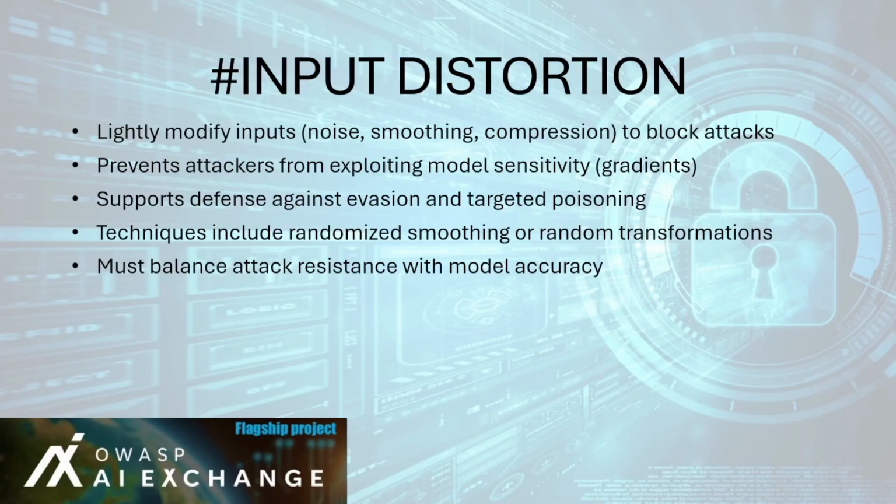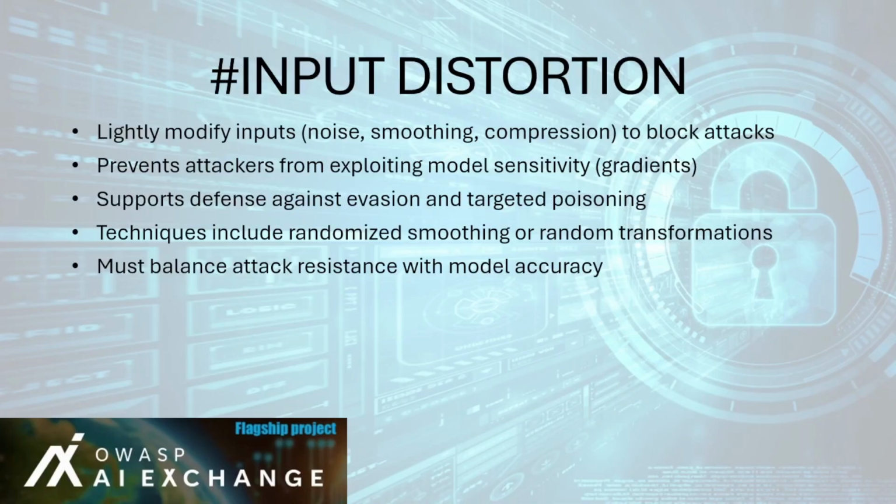Advanced defensive technique includes random transformations, or RT. This uses multiple random input transformations to add enough uncertainty that computing adversarial examples becomes computationally impractical. However, this can reduce benign accuracy, so models need retraining with random transformation applied.